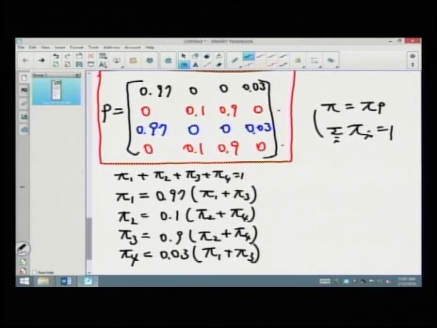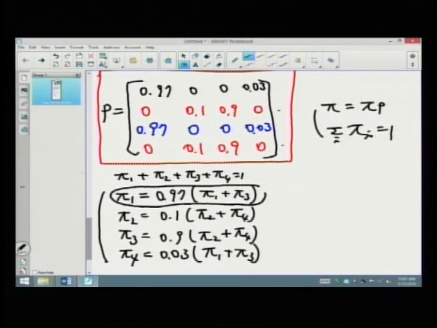And because this system of linear equations is linearly dependent, I'm going to arbitrarily choose one to take out. I'm going to choose this because this is the most complicated one. And then I'm going to name them 1, 2, 3, and 4. Okay?